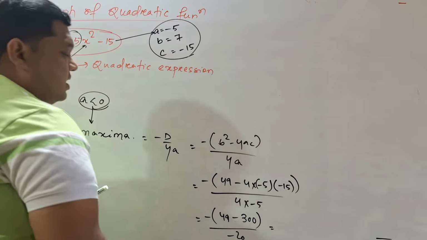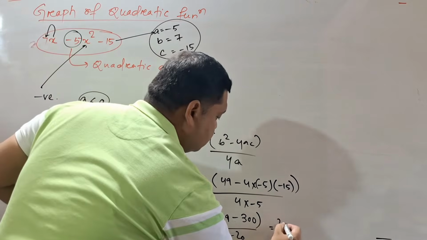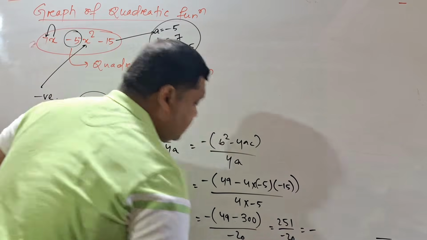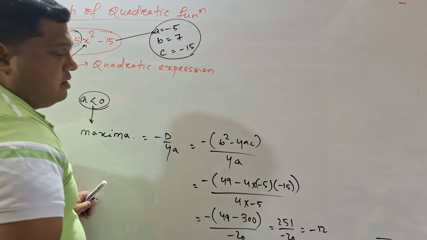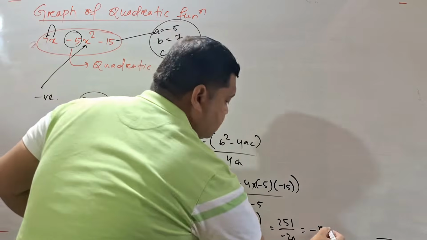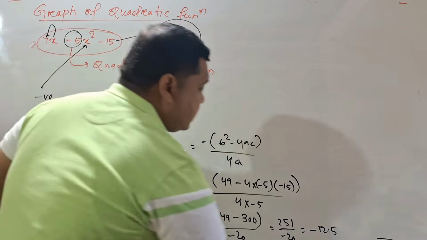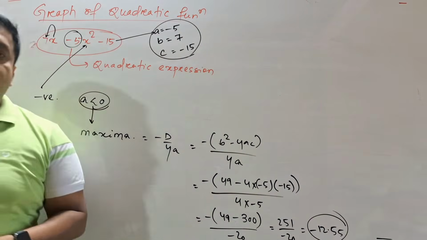If I open the bracket, this is minus 49 plus 300, that is 251, divided by minus 20. So my answer is negative. 20 into 12 is 240, so I get 240 and 11 is the remainder. Then point, 20 into 5 is 100, 10 is the remainder, again 5. So minus 12.55.